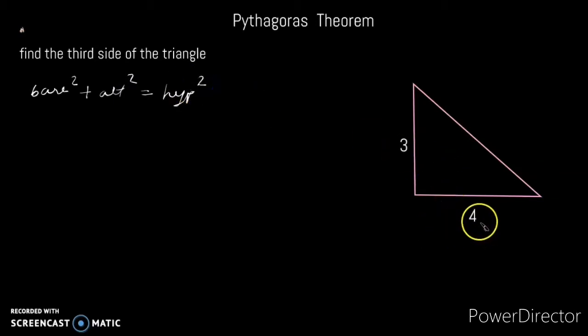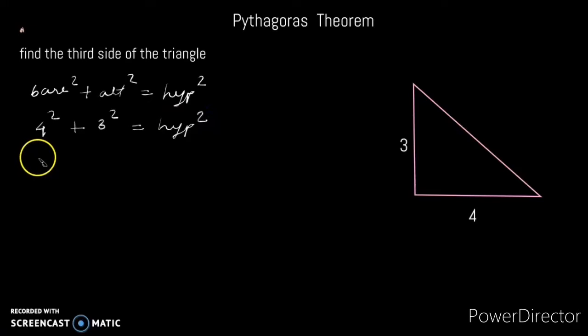This is the base, so we can plug in the values. It is 4 squared plus altitude 3 squared is equal to hypotenuse squared.